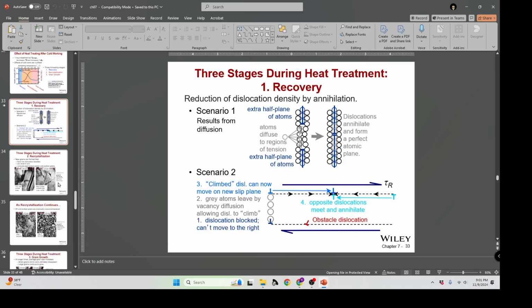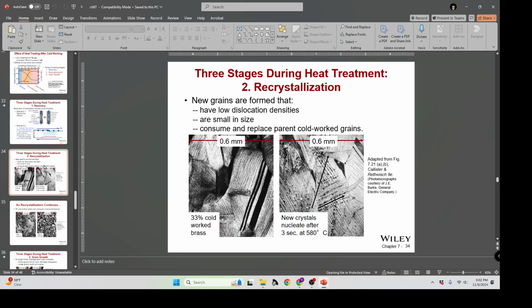And this gives us some of the properties for how heat treatment works and allows for diffusion to bring together and cause annihilation of these slip planes, especially given significant times in order to make those things happen.